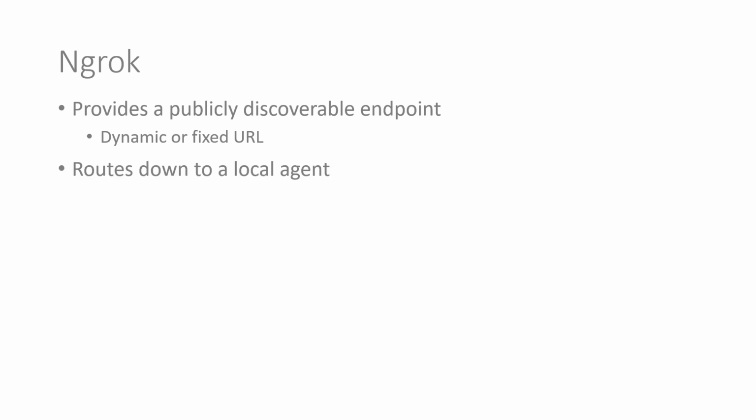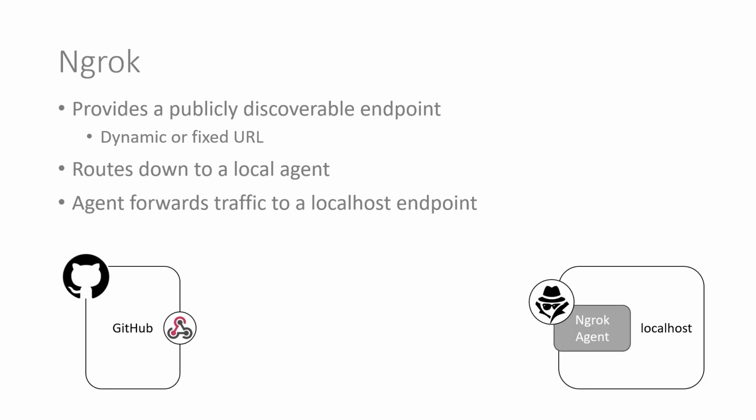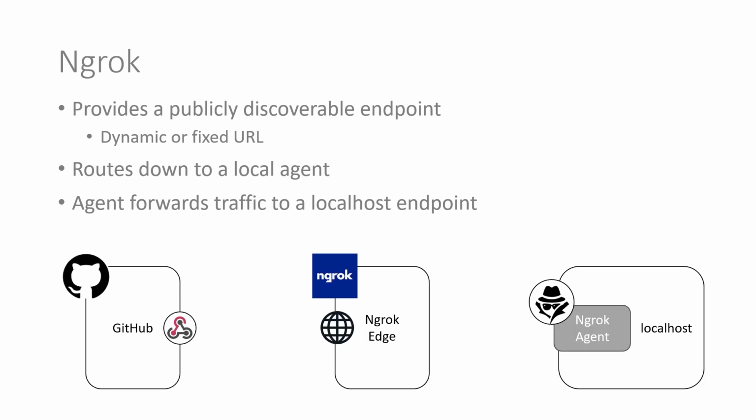Okay. And Ngrok then routes that traffic, any webhook traffic that hits that endpoint, down to a local agent that you have to install on your machine. And the local agent then forwards that traffic to your localhost endpoint. So here's the example. Here's GitHub. You set up webhooks. You've got a localhost. You install the Ngrok agent on localhost.